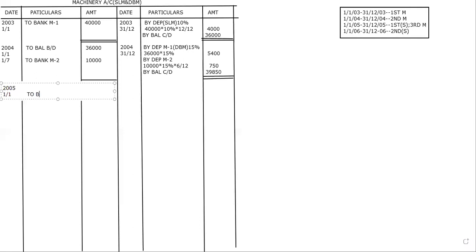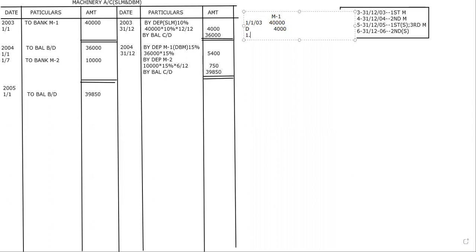I'm going to write as balance brought down, which is 39,850. Okay, now before proceeding, usually we have a habit of writing a working part, no? So that is what here I'm doing because 2 years have completed and mainly it is diminishing. So when it is diminishing, we have to go for compulsory procedure.